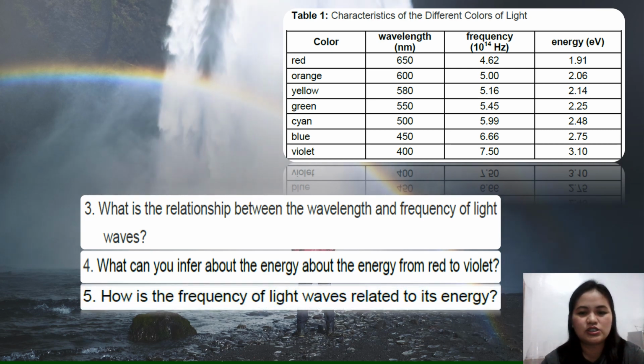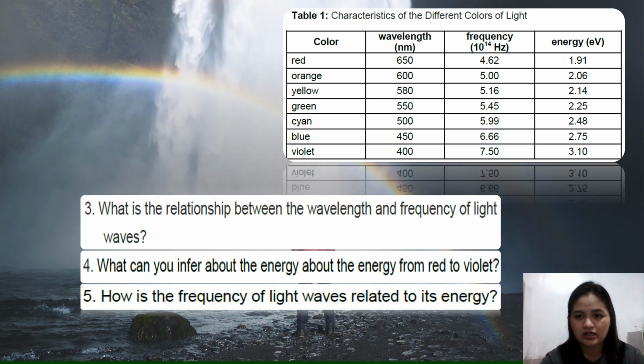Okay. Question number 5. How is the frequency of light waves related to its energy? Wow, relasyon ulit. Frequency at saka energy. Na-explain ko na yun sa picture kanina, di ba? Look at the column for frequency. 4.62 down to 750. So, tumaas. Si energy naman, from 1.91 down to 3.0.